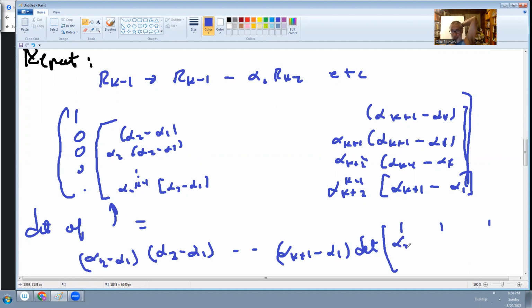You have an alpha 2, alpha 3, all the way out to alpha k plus 2. And this goes down to alpha 2 k minus 1, alpha 3 k minus 1, and so on.